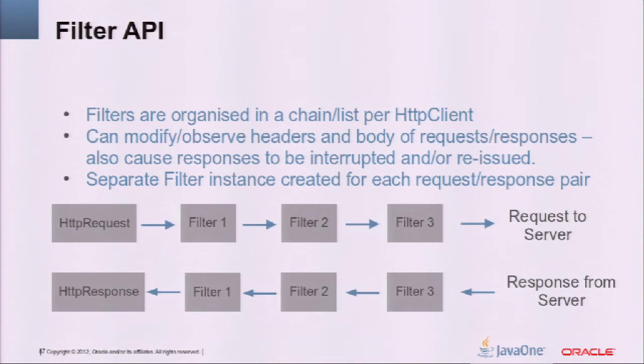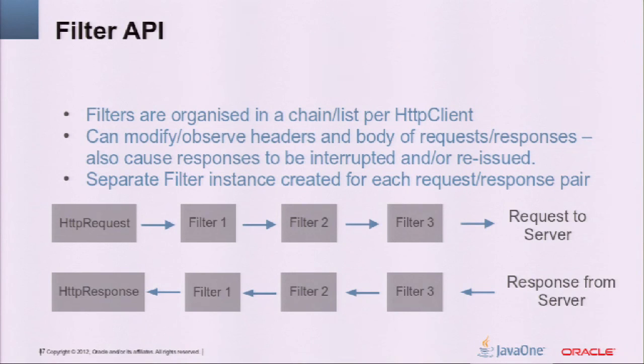They're organized in a chain or a list per HTTP client. So an application can build up a list of filters and associate them with the HTTP client. That means that every request and response belonging to that client will be passed through the filters.